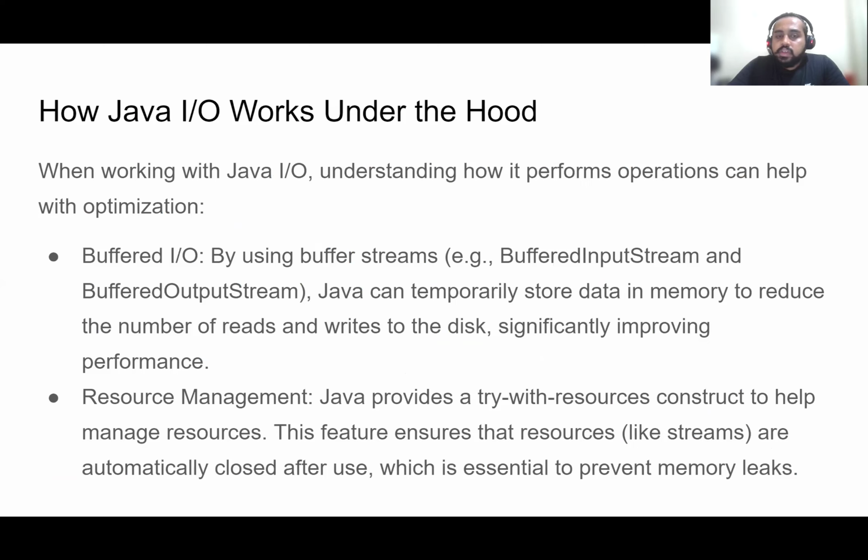When working with Java IO, we need to understand how it performs, how it operates, and also how it optimizes. Buffered IO, we already saw: by using buffered streams like BufferedInputStream and BufferedOutputStream, Java temporarily stores data in memory to reduce the number of reads and writes to disk, significantly improving performance. Instead of every time going to a folder or fetching from the internet, let's fetch a big amount of data and store it in memory.